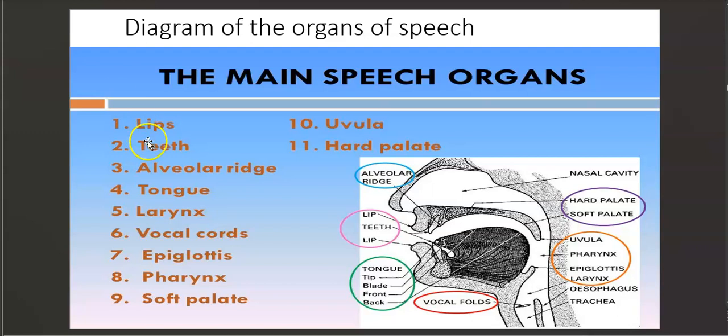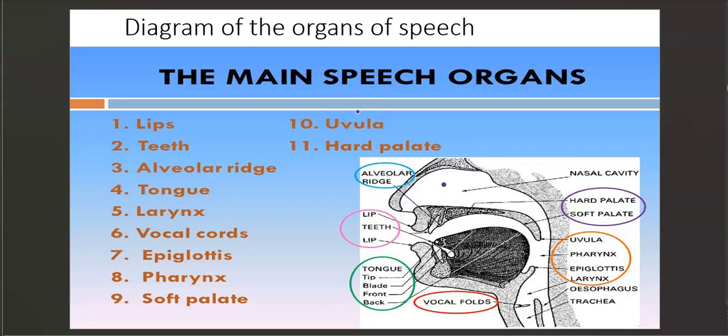Okay, so look at my diagram here. In this diagram, you notice that we have some of the organs of speech that we talked about. We have the lips, the teeth, the alveolar ridge, and this one we haven't talked about. So in these images, there are some organs we've talked about and some that we've not talked about.